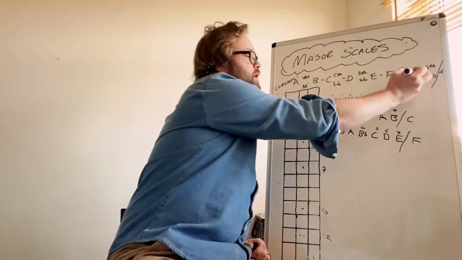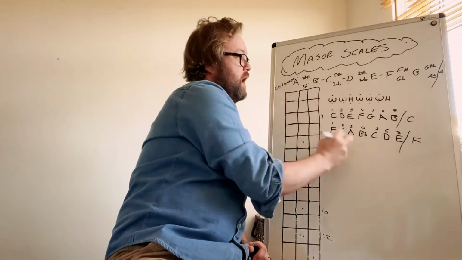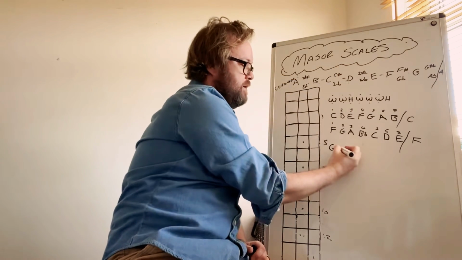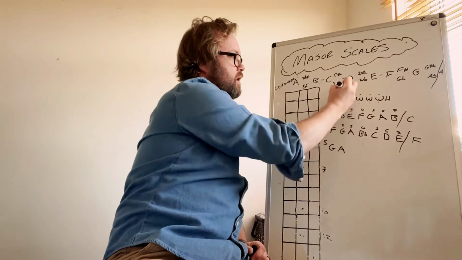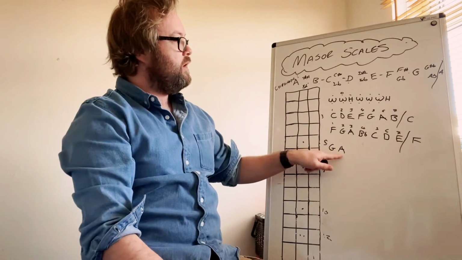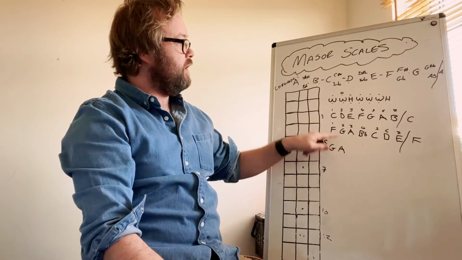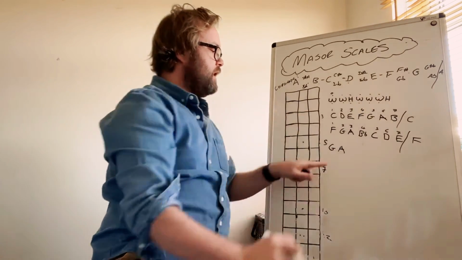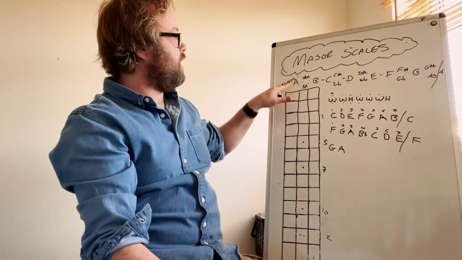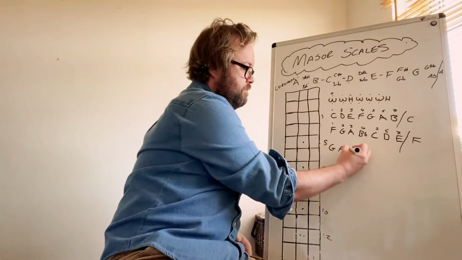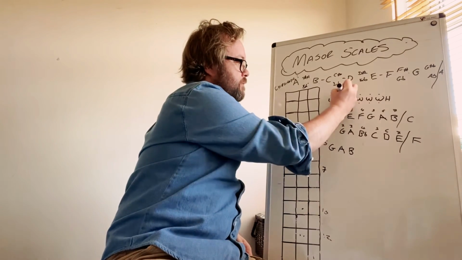So we're going to start from G and we're going to go a whole step: G, G sharp, A, along here. Let's do circles so we can see what we've done. Next up, we're going to apply a whole step from A, which is A, A sharp, B. Okay.